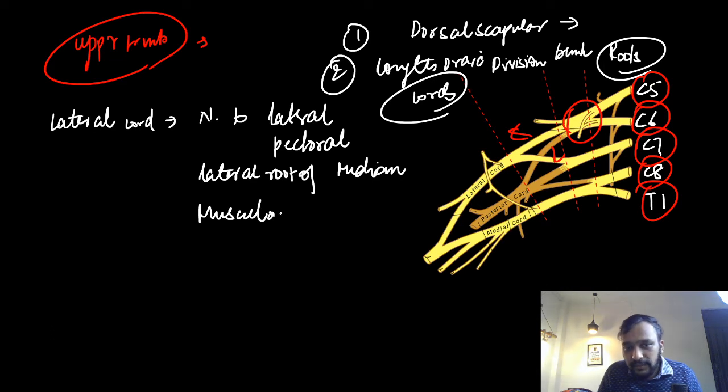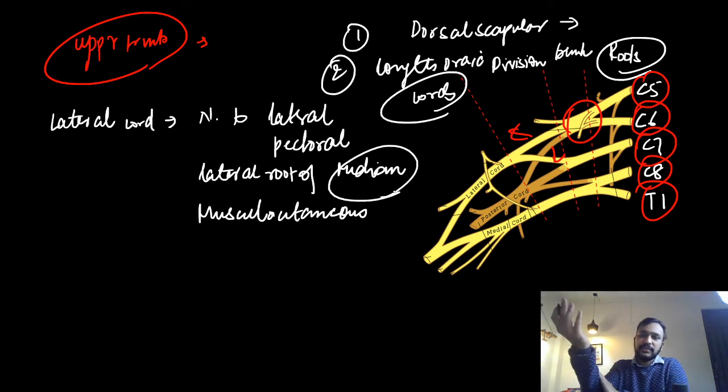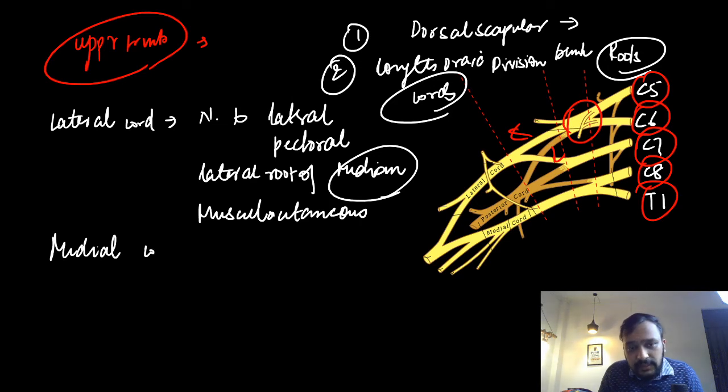So musculocutaneous nerve is going to supply your muscles of the flexor compartment of the arm. Median nerve is going to supply the muscles of the flexor compartment of the forearm as well as five muscles within the hand.